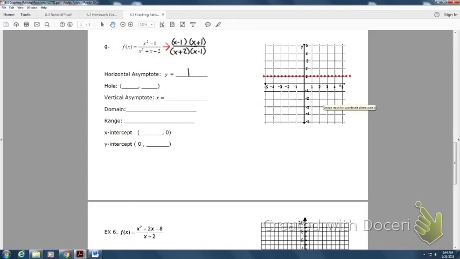Is anything going to cancel here? X minus 1. So I end up with X plus 1 over X plus 2.